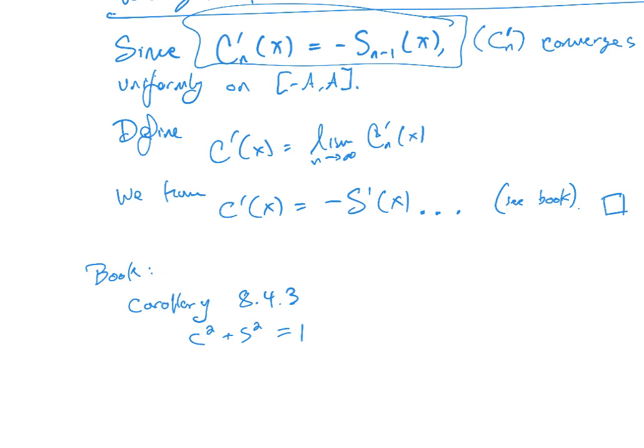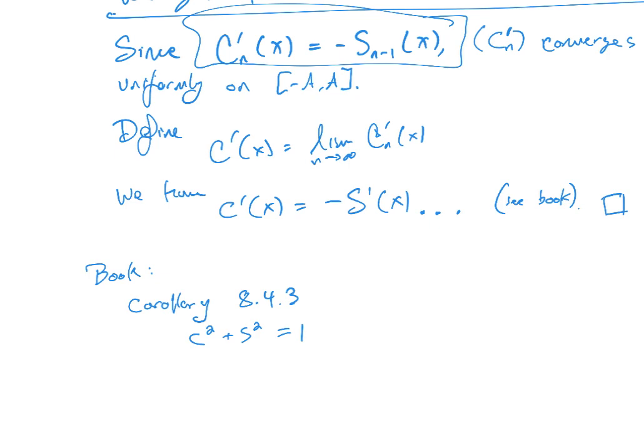So basically from our perspective, that's really trivial. Again, the book proves uniqueness of C and S, but that proof uses Taylor polynomials, so that's a topic for next semester.